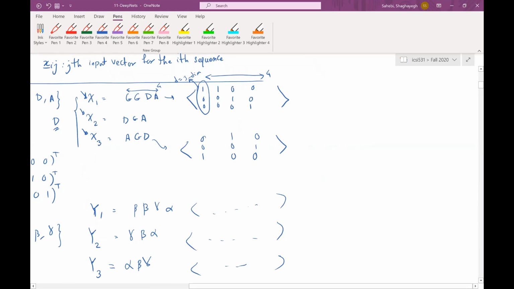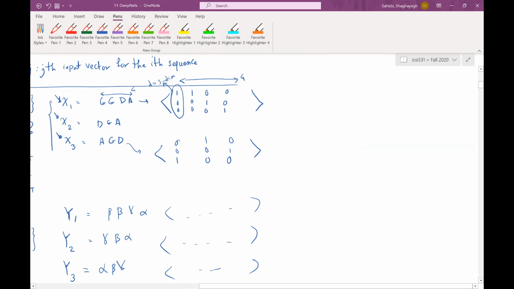And our whole data, similar to the classifiers that we had, is going to be pairs of input and response.